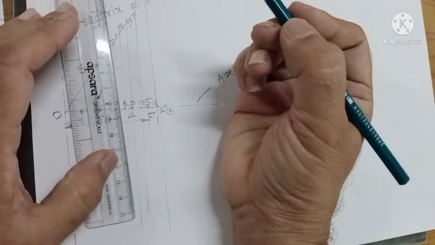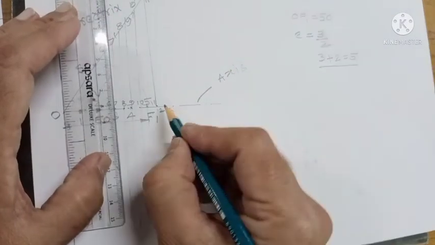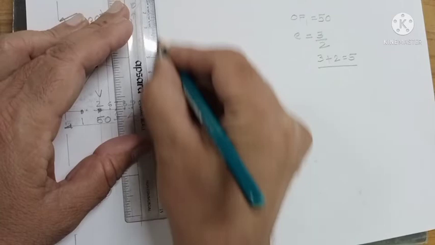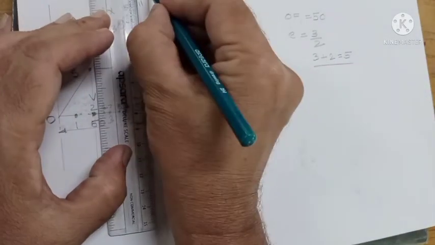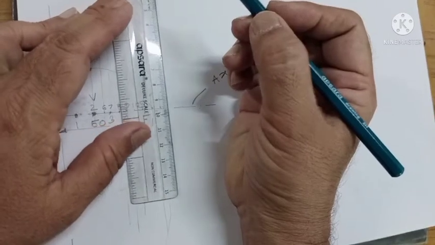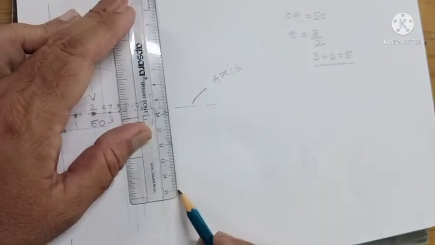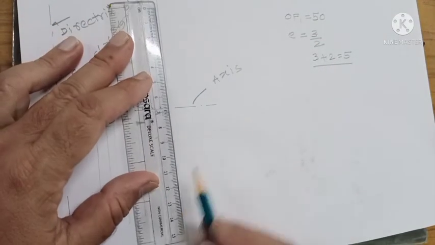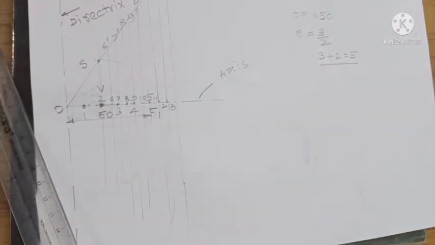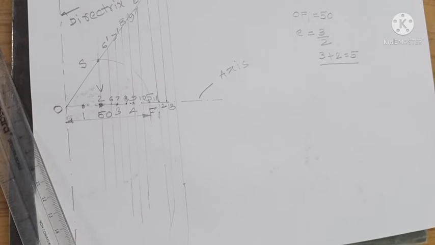This is 11 dash, this is 12 dash, this is 13 dash. Use upside and downside, no problem. So this is 13 dash. See how I am doing it.